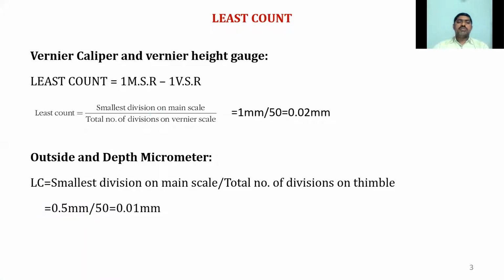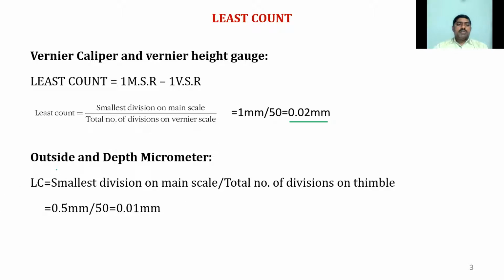We can also calculate that the least count is equal to the smallest division on the main scale divided by the total number of divisions on the vernier scale. The instrument available in our laboratory has a smallest division on the main scale of 1 mm and 50 divisions on the vernier scale. Therefore, the least count is 0.02 mm for the vernier caliper as well as the vernier height gauge.